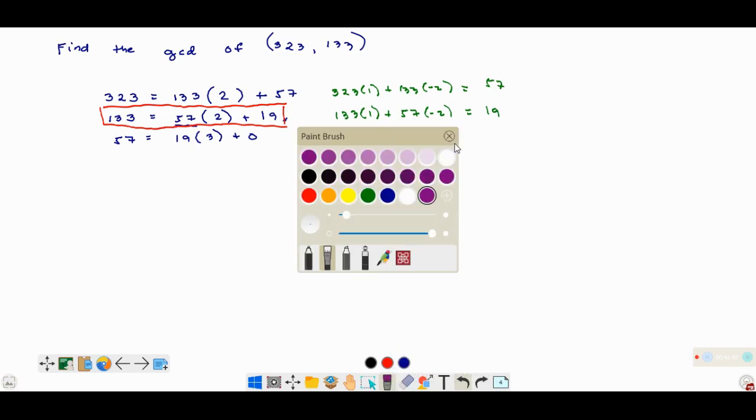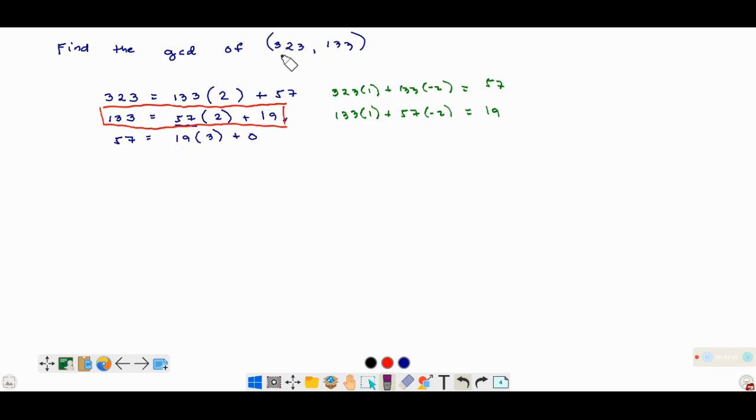Change tayo ng kulay. Ang kailangan natin ay si 323 at saka si 133. Hindi natin kailangan si 57. So, si 57, i-replace natin siya by the left-hand side, equating 57. We have 133 times 1. Again, pagka may nakita dito sa loob ng parenthesis, ilagay na natin siya kaagad sa unahan. That is just a tip so that you will not forget that you still have a factor of negative 2 at the back.